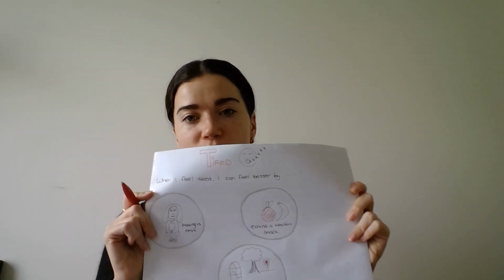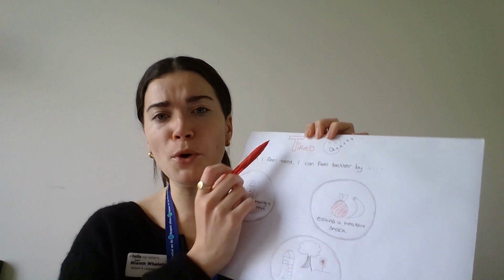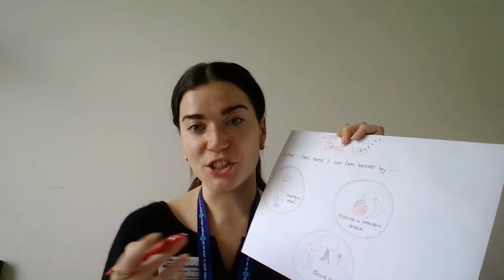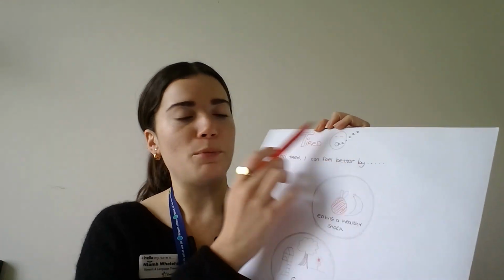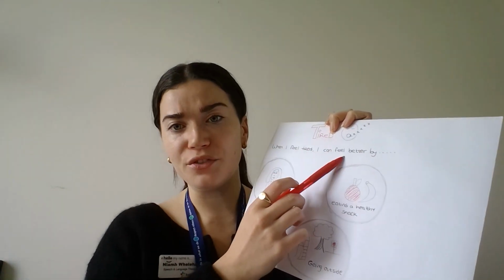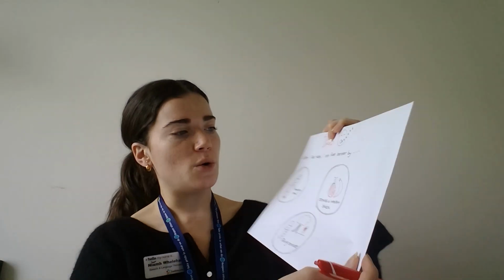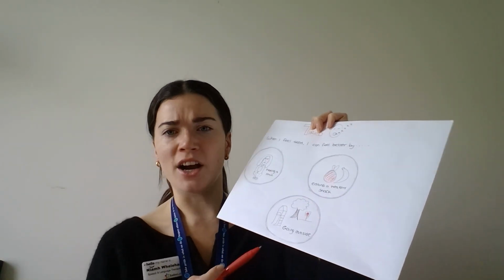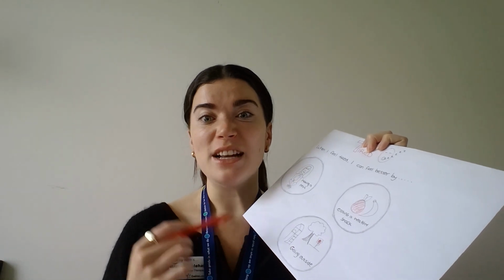I put the emotion at the top. Let's say your child or student has said that they're feeling tired today. We have put the emotion on top, and then I have: when I feel tired, I can feel better by. We have 3 circles here of 3 things that we can do to help us feel better when we're feeling tired.